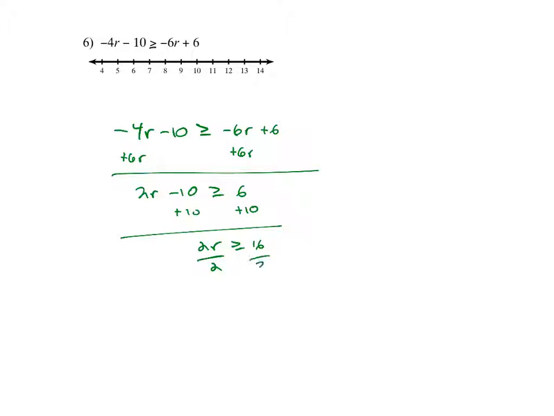And now I'm just going to divide by 2. So r is greater than or equal to 8. As you can see, the inequality sign is the same, right? Because I divided by a positive number. Now, my graph, on top of 8, is going to be a shaded circle because it's included, equal to, and it's going to the right.